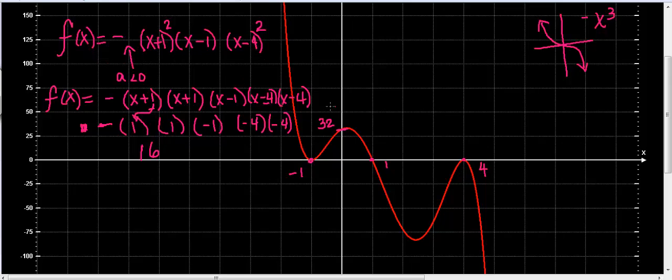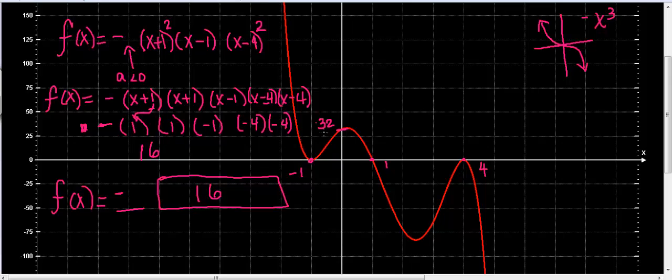But the graph is telling me my y-intercept is 32. So I have to compensate for that fact. If I were to leave it like this, I get a 16. So what do I need to add as my a? Negative what? So that when I'm done, that negative times this 16 that I found gets me 32.